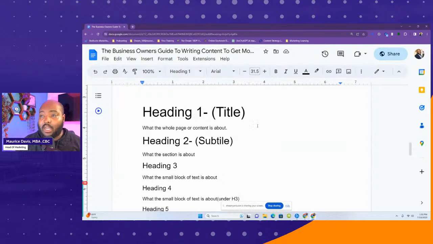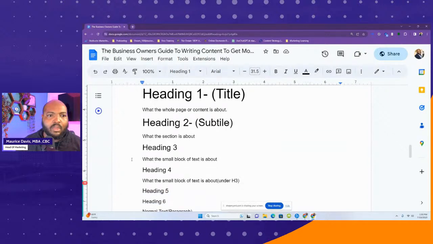So if I'm talking about a book, I have my book title, I have my book subtitle, but then I also have my chapter titles, and those chapter titles are actually really closely related to your heading ones for that chapter because they tell you what the chapter is about, and then you will have subheadings inside of your chapters, right? So this breakdown, just understand that this is a structure thing.